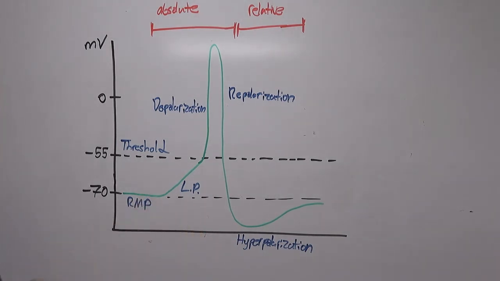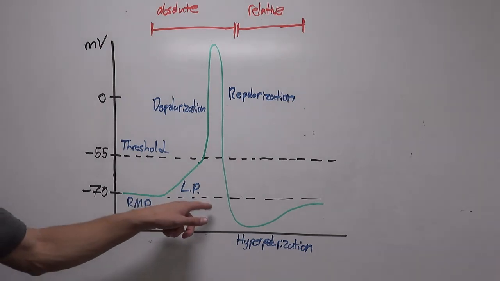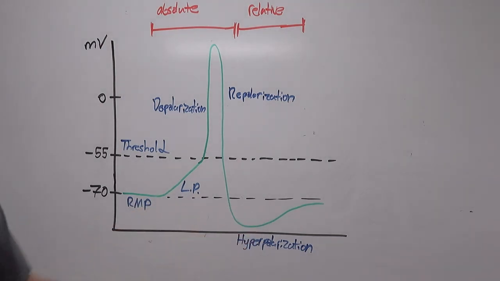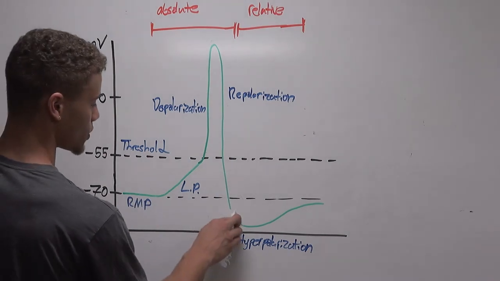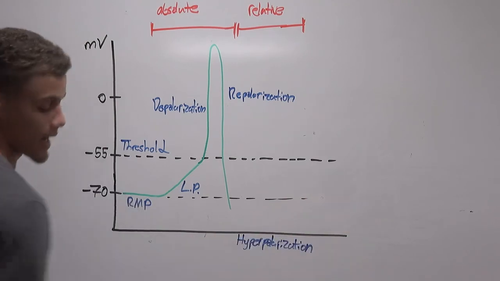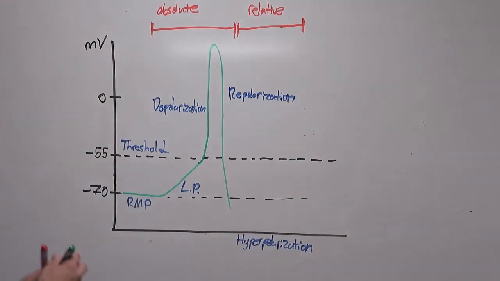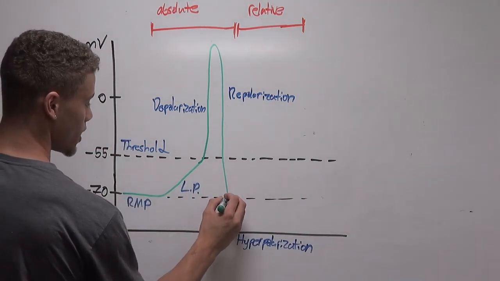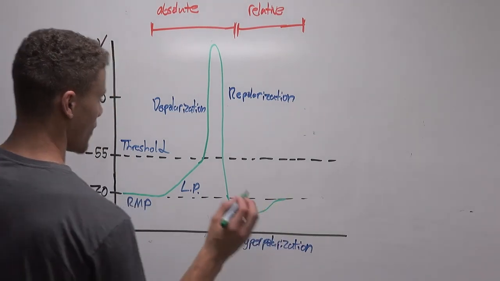Maybe this curve may show this to be a little bit more drastic than it actually is. This hyperpolarization, in fact, does not actually become that negative. It's more like just a little jump underneath, and then it will head back.